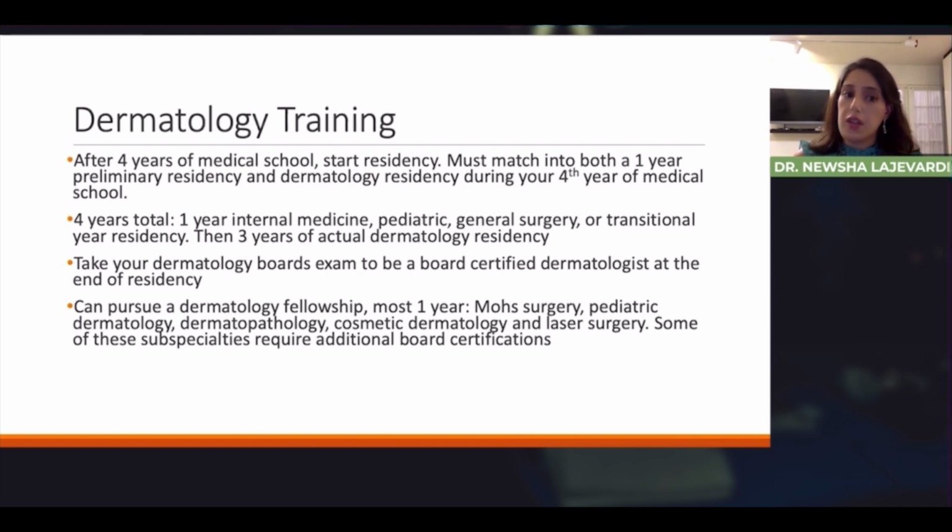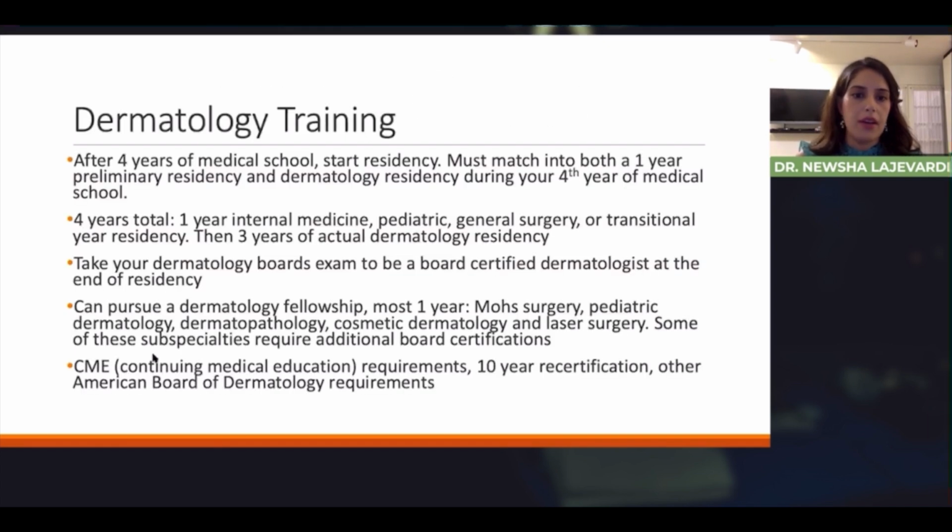You could do 1 year of pediatric dermatology fellowship. You could do a year of dermatopathology, where you can read slides. And, recently, in the past 5 to 10 years, there are more cosmetic dermatology and laser surgery fellowships. Some of these subspecialties require additional board certification, so you may end up taking additional boards.